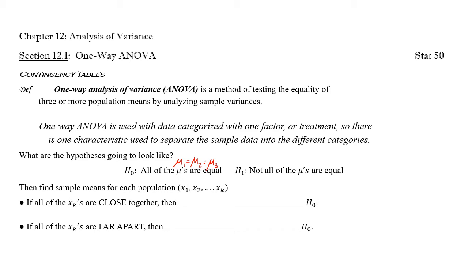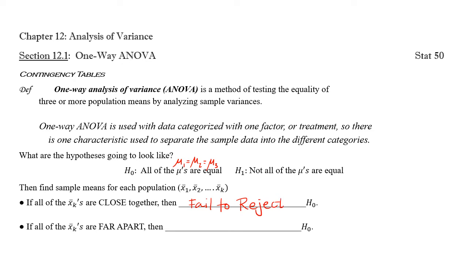So what will this process come down to? Well, when we compare the different sample means and it looks like all the sample means are close to each other, then we would not be able to reject the null hypothesis. We would have to fail to reject.